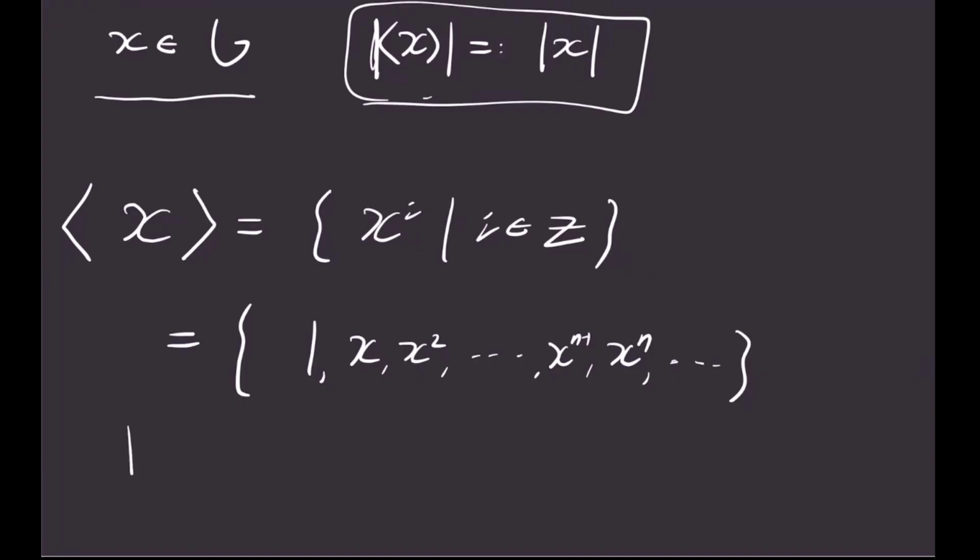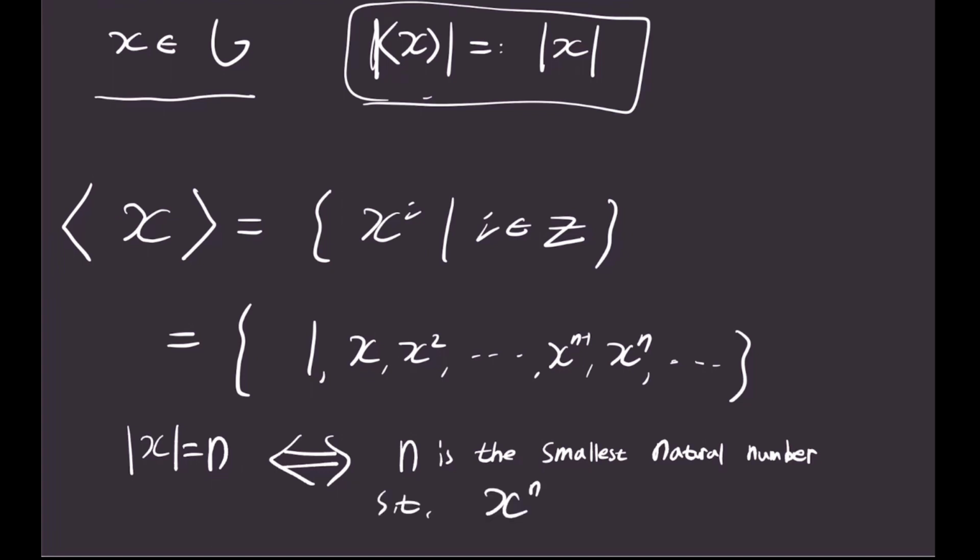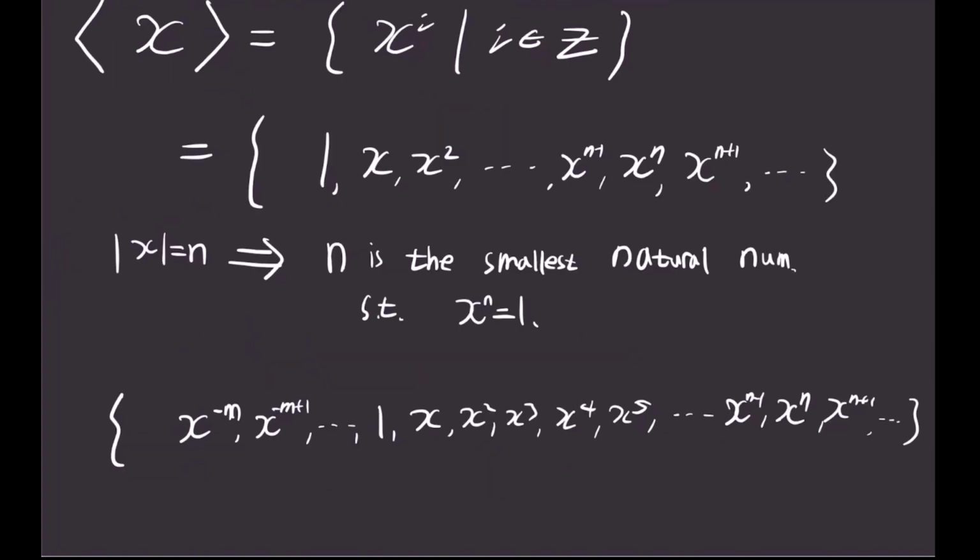Actually, the order of X means n is the smallest natural number that makes X to the power of n the identity.